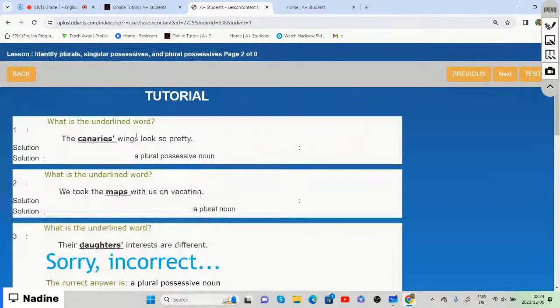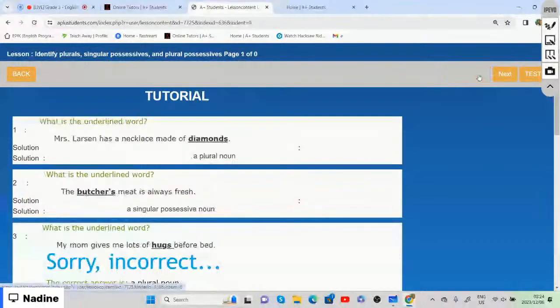The canary's wings look so pretty. Sorry, I went to the next one. Okay, let's go to this one. Mrs. Lawson has a necklace made of diamonds. So if we look at the word diamonds, right? Is diamonds a singular possessive, plural possessive, or is it just a plural noun?